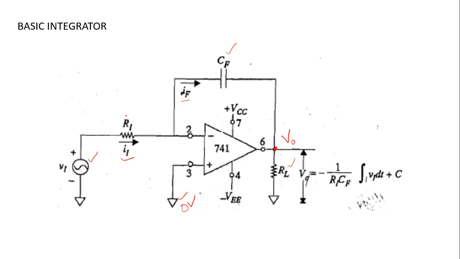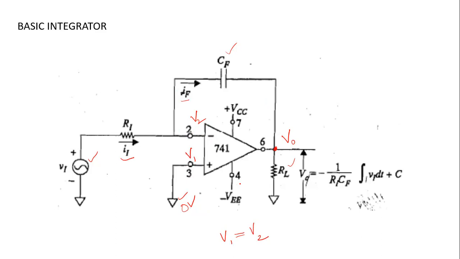As I discussed before, the voltage at pin number 2, the inverting input, is denoted as V2. The voltage at pin number 3, the non-inverting input, is denoted as V1. Because of the feedback circuit, this op-amp has the ability to set the two voltages V1 and V2 to be exactly equal in order to prevent the output from going into saturation.